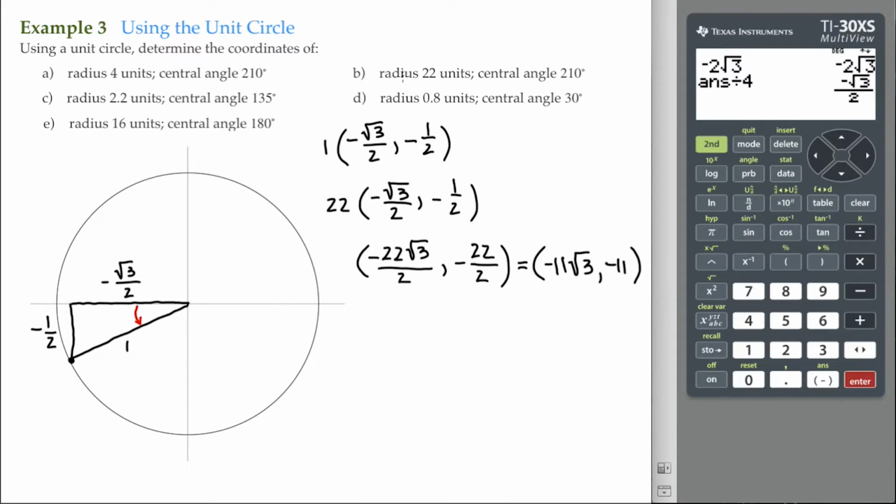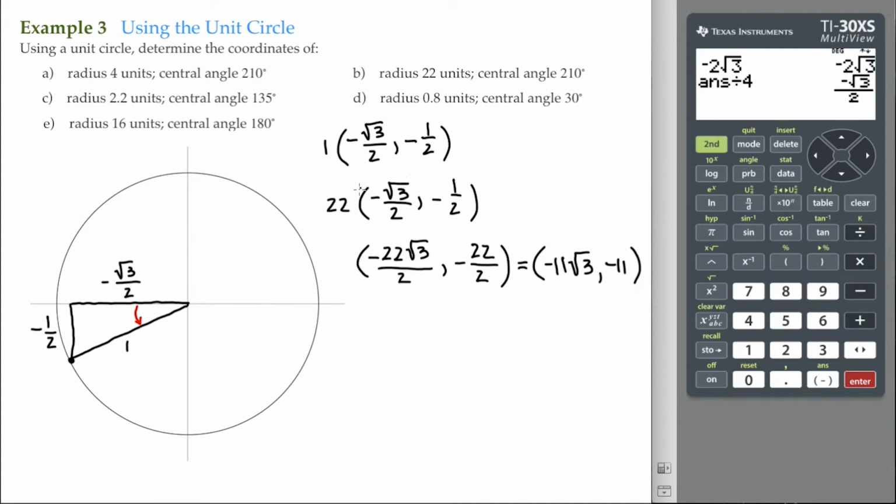So a coordinate with a radius of 22 units and a central angle of 210 degrees will have a coordinate of negative 11 root 3 and negative 11. And again, we can check it since we're multiplying this by 22. And again, we are strictly using our special right triangles to be able to give us these coordinates.